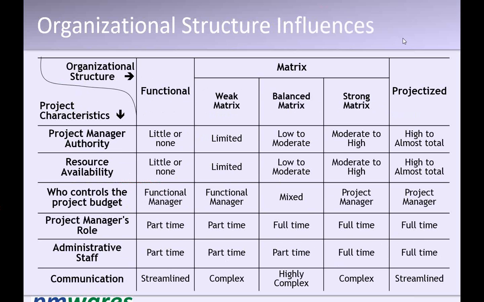So the functional manager has authority, the project manager also has authority, therefore the situation becomes complex. Here both have equal things. So two people come into the same place and their teams come into the same project trying to achieve something, and they have takeaways and contributions, the project becomes very complex, and the communication also becomes very complex.